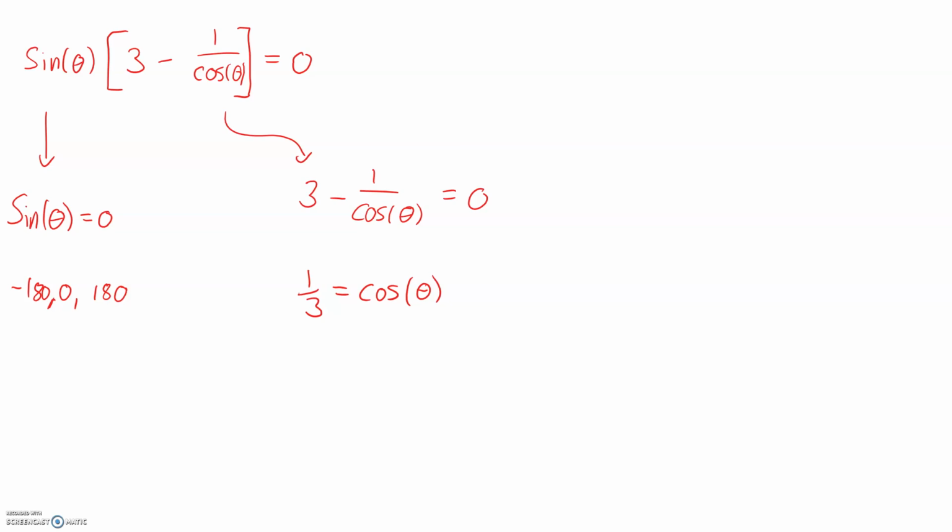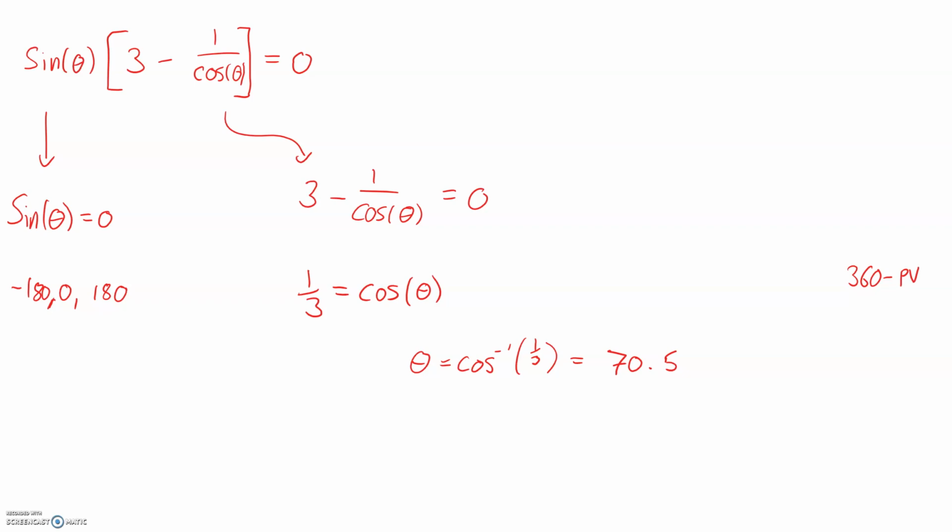And in order to solve this, I'm going to use a general solutions method. So we do inverse cos of 1/3, giving us 70.5 as our primary value for theta. The secondary solution for cos is given by 360 minus the first or primary solution for cos.